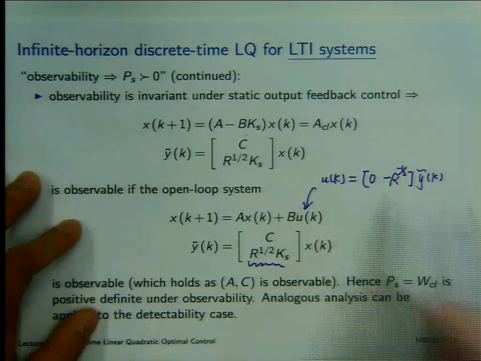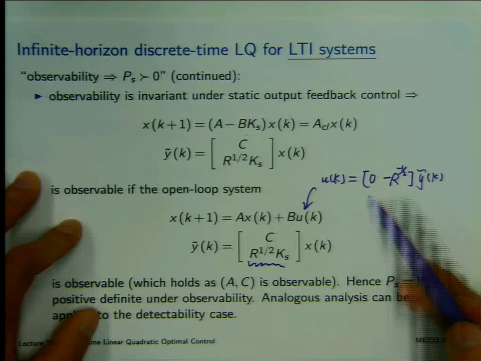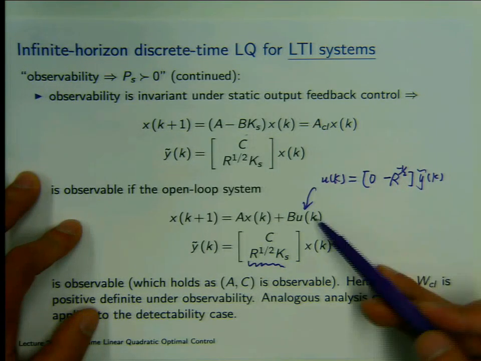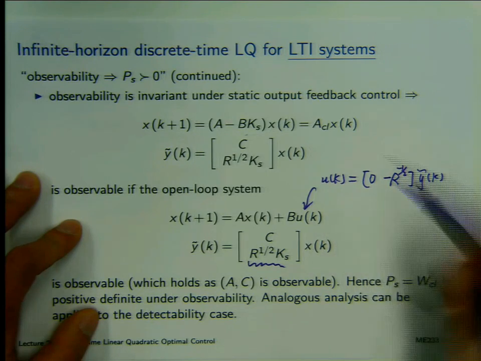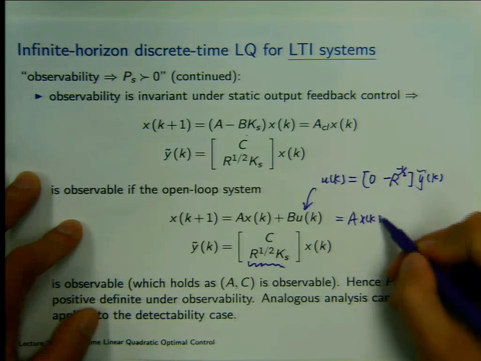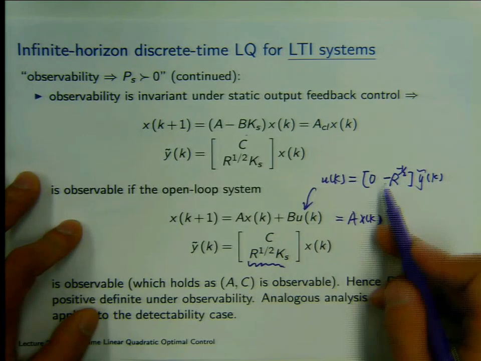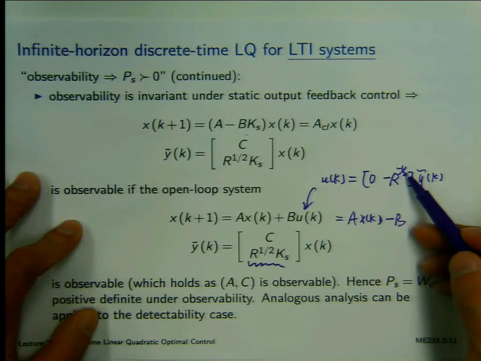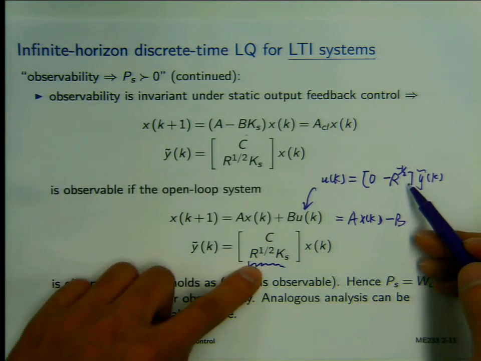Okay? So if I substitute this static output feedback control law into this open loop system, I'm going to get A x_k plus B u_k, but there's a minus sign. It's going to be minus B R negative 1 divided by 2 times this element here.